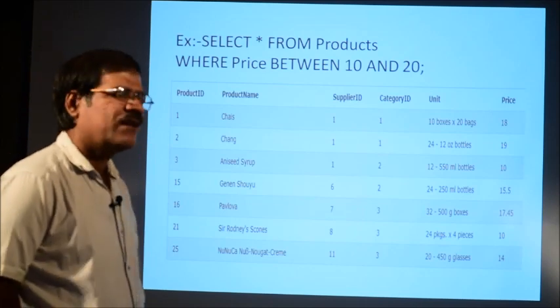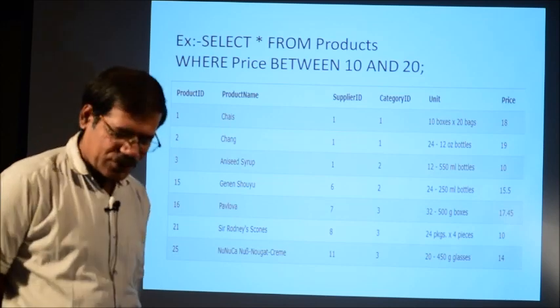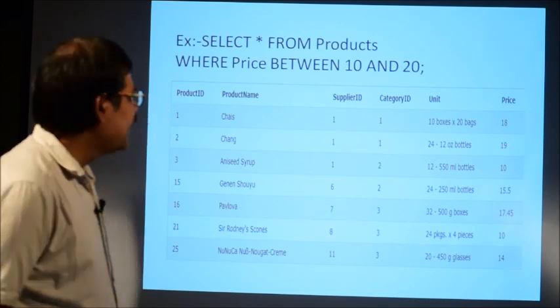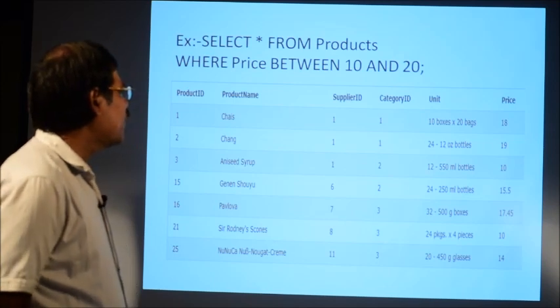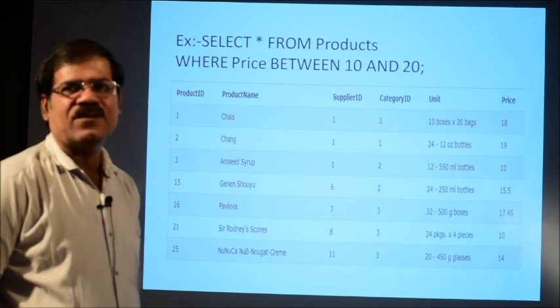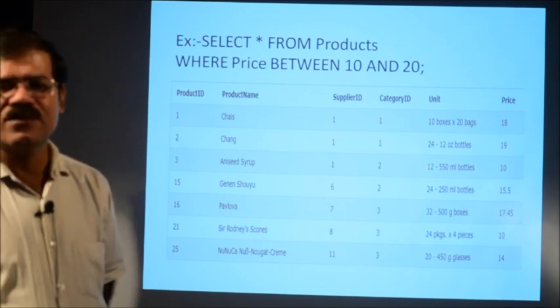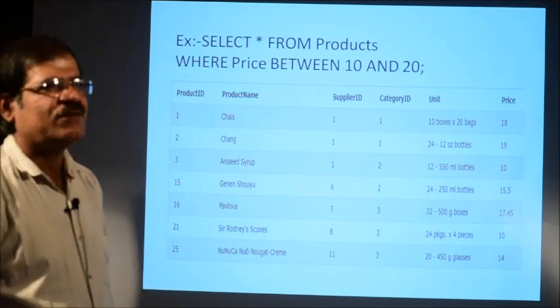We created it earlier. Suppose today my requirement is to show me the details of the products whose price is between 10 and 20. Show me the details of those particular products.